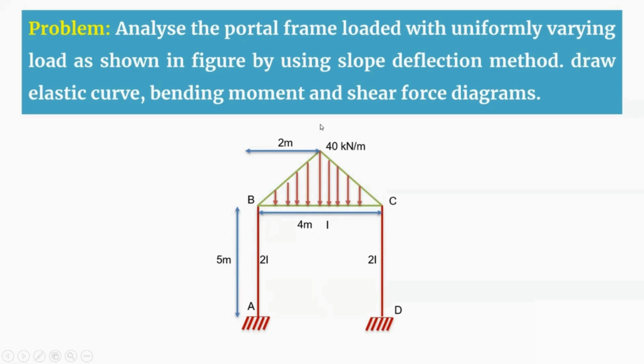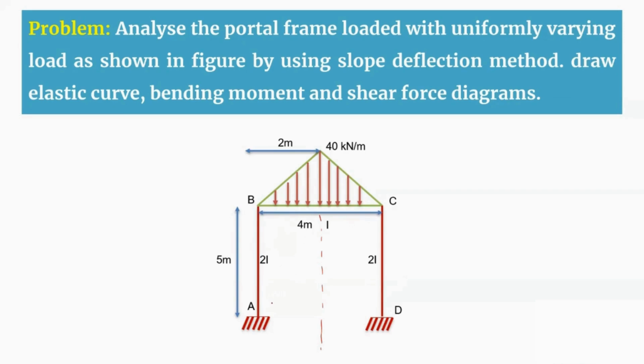So when I cut this section at this point, you can see that on this side you have a triangular load of 40 kilonewton per meter, and towards the right side also 40 kilonewton per meter. At B, there is no loading. This is 2I moment of inertia for AB, and similarly 2I moment of inertia for CD also.